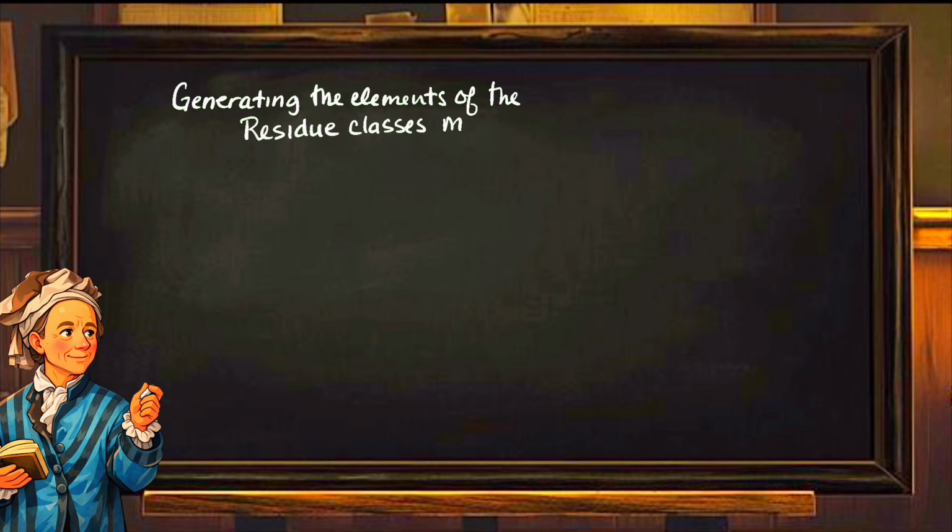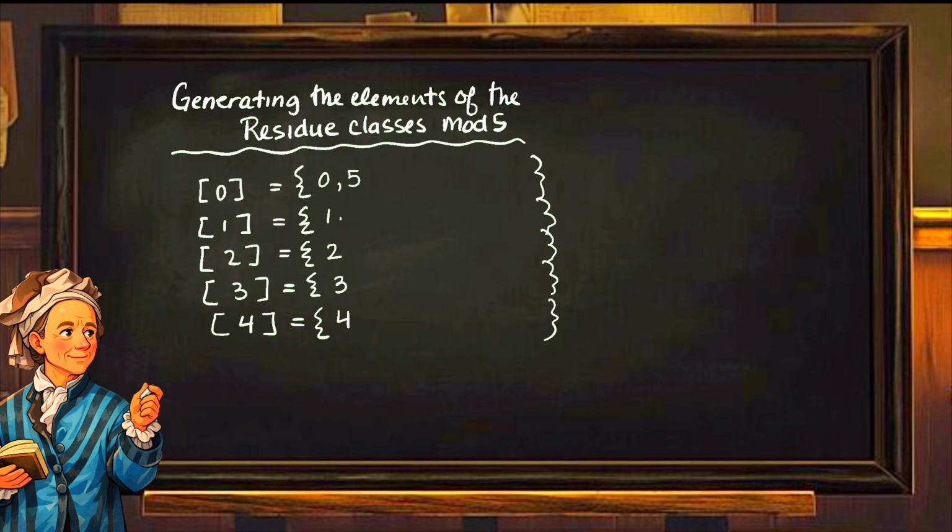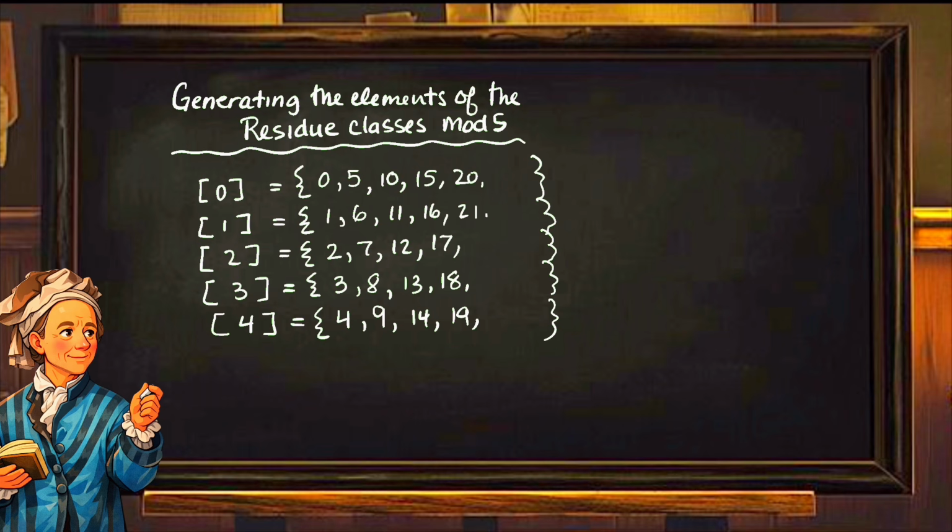So generating the elements of the residue classes modulo 5, that is, listing the elements in each residue class, really just amounts to counting by 5s. And that is, we can list every integer as some element of one of these residue classes.